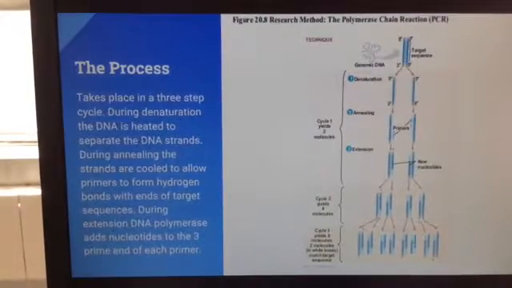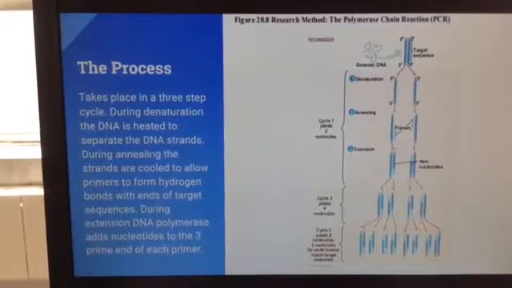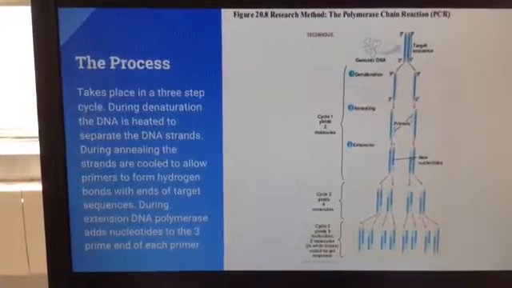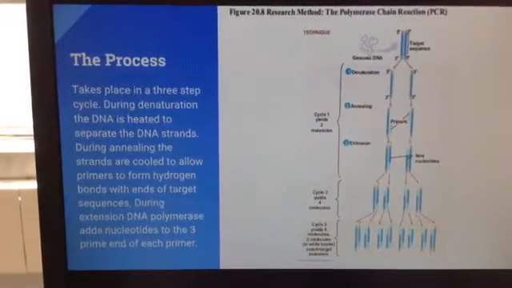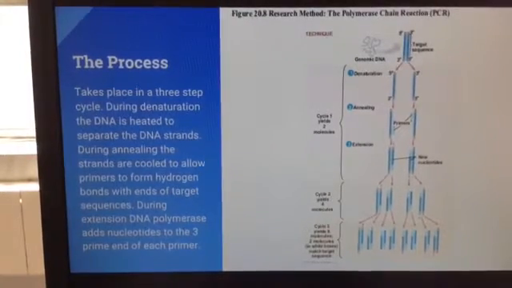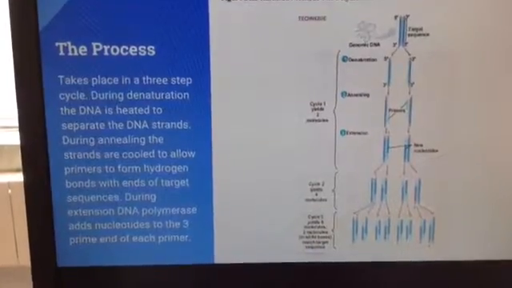In this step, DNA is heated to separate the DNA strands. During the next step, annealing, strands are cooled to allow primers to form bonds with ends of target sequences. During the final step, DNA polymerase adds nucleotides to the 3' end of each primer, creating a full set of DNA target sequence.